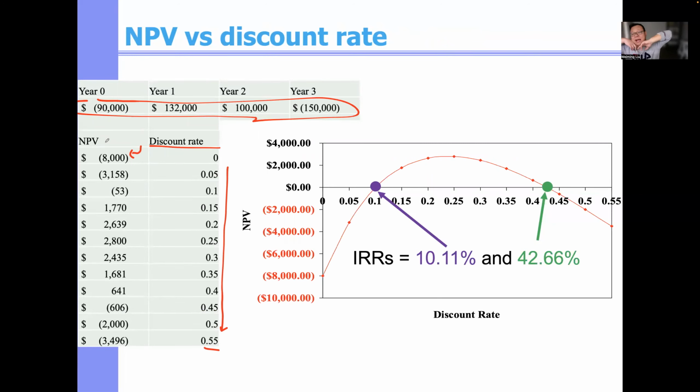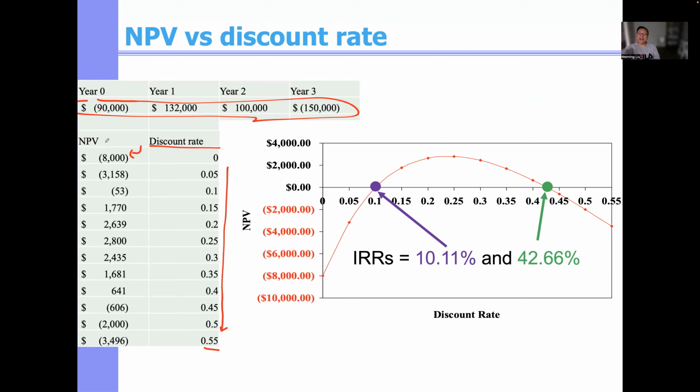You can see the red line representing the net present value of the project. And when the red curve runs across the horizontal axis, there are the two points. The purple one is closer to 0, which is 10%, and the green one is 42.66%.